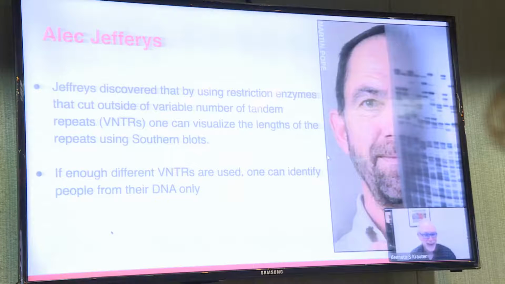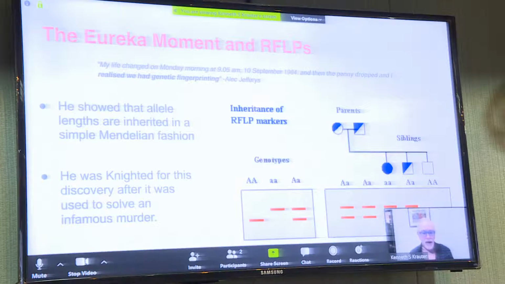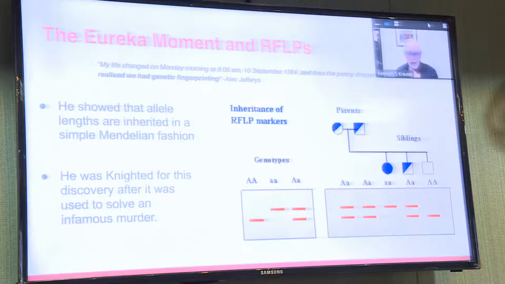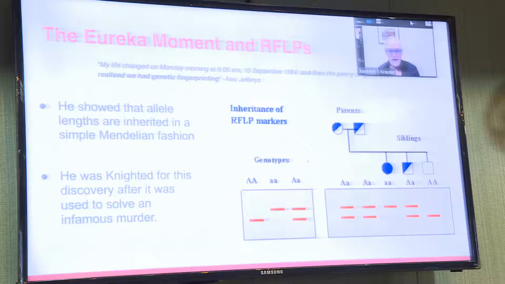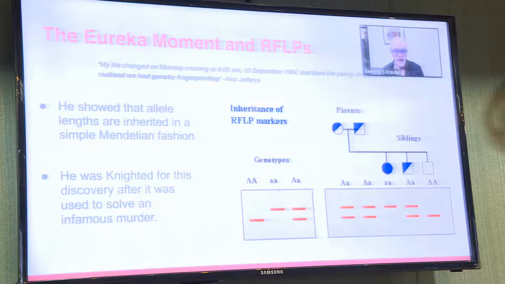Okay, and so just to put a finer point on it, what basically you could show using those patterns is that the pattern of bands is inherited in a completely strictly Mendelian fashion. You can see that shown here, it's a Southern blot basically with somebody who's homozygous for this band, somebody who's homozygous for that band.